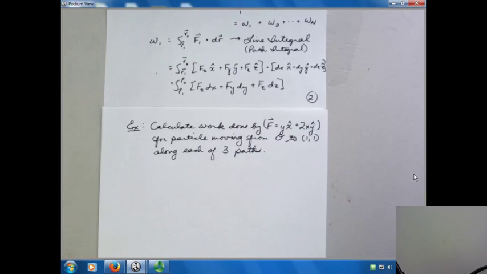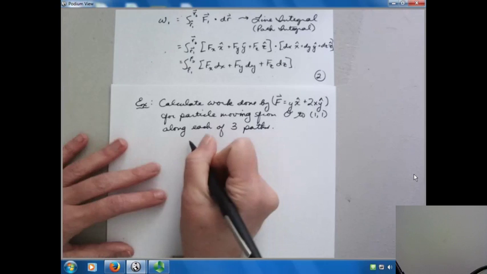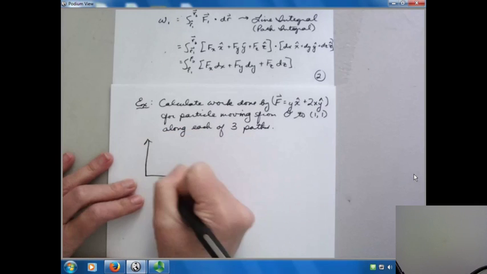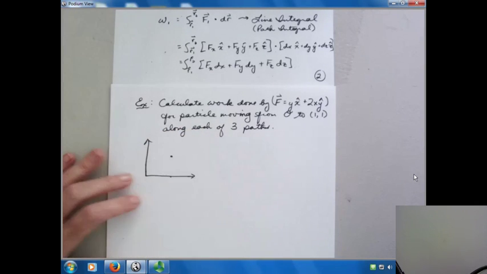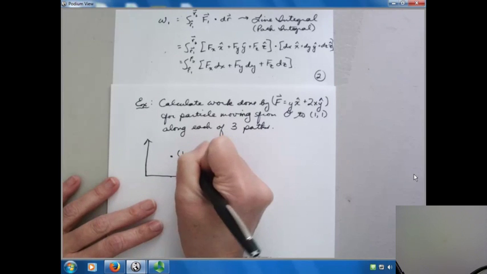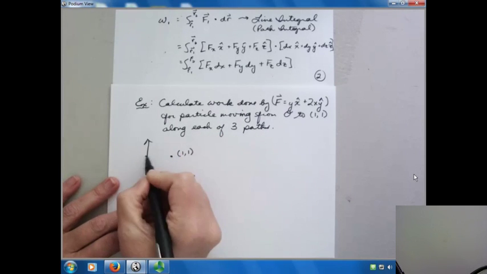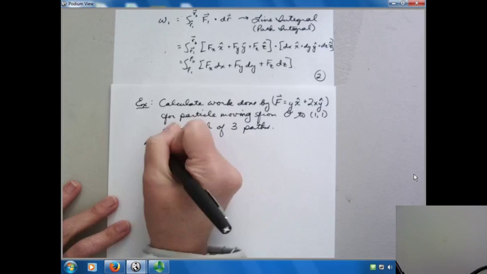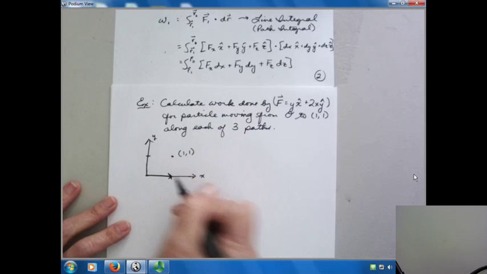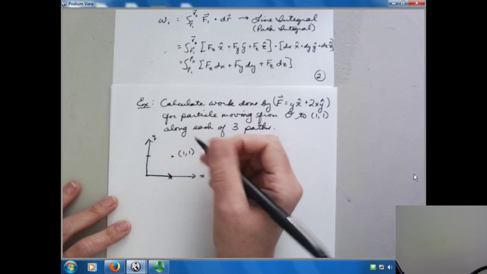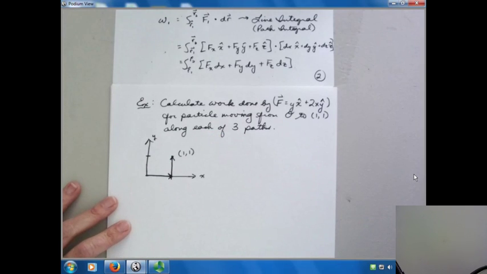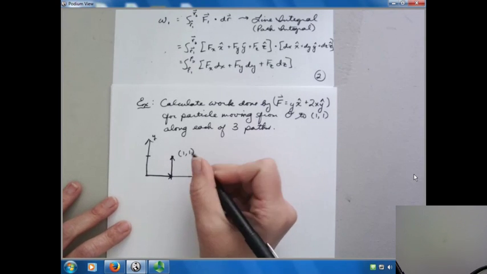So let me give you the figure that goes with this problem. So there's the point 1, 1. The first path is going to go from the origin along the x-axis until it gets to the point 1, 0, and then it's going to go up in the y direction to the point 1, 1.